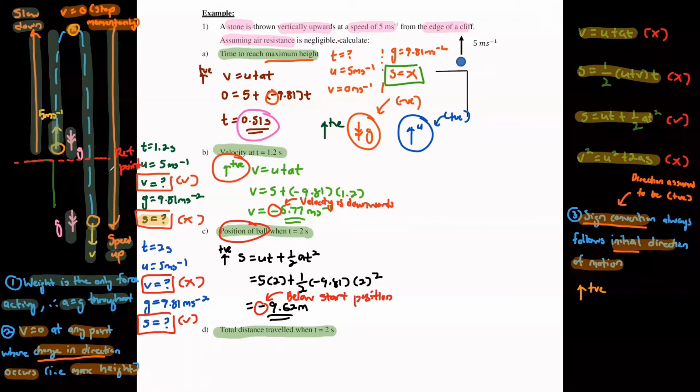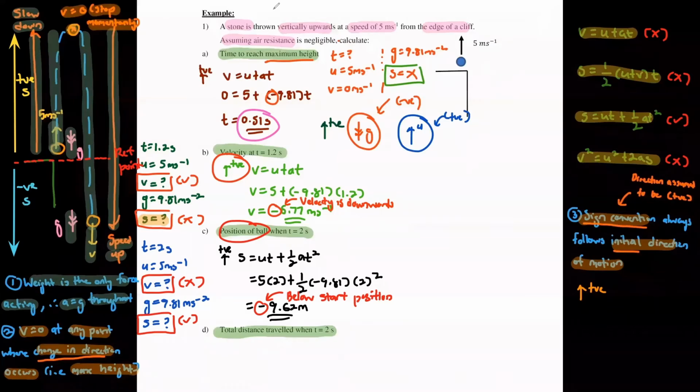Because displacement is a vector, we have certain sides that we will consider to be positive, certain sides that we will consider to be negative. In our case here, anything that is above our reference point is going to be positive displacement, whereas anything that is below our reference point is going to be negative displacement.